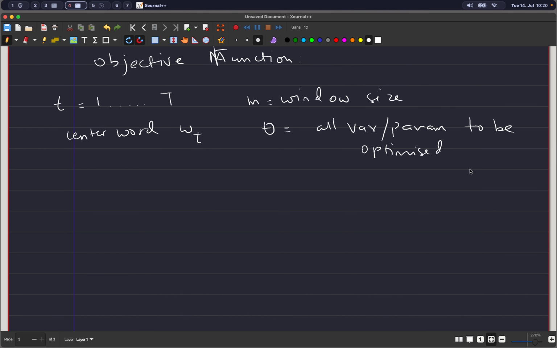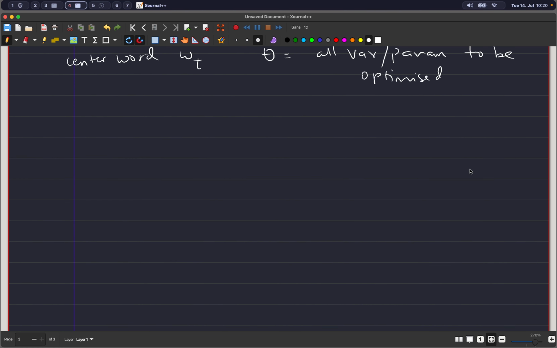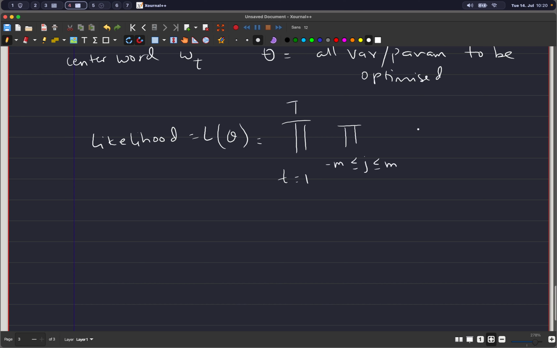Now we will calculate the likelihood, a very simple concept. If you have prior experience in machine learning, you will see the word likelihood used a lot. The likelihood given the parameters theta is computed by going through all the positions T as the center word, then going through the window, and the probability we want to maximize is WT plus J given WT.